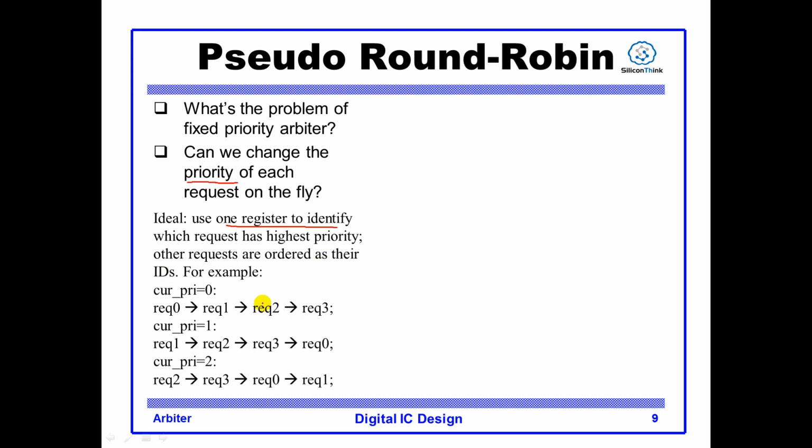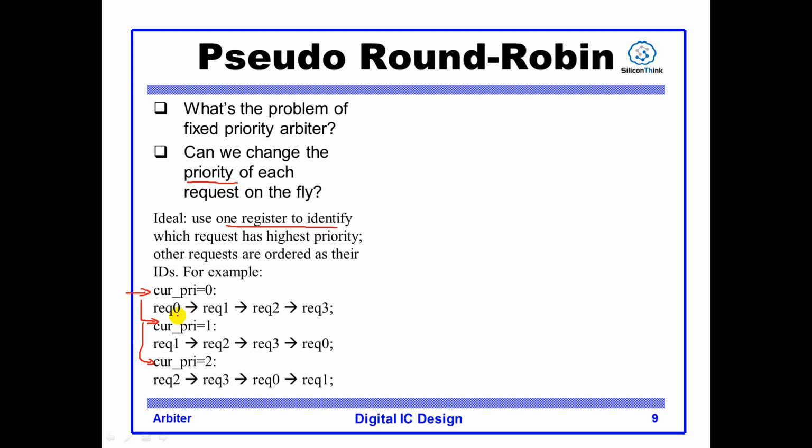For example, this is the register we use to record the highest priority for this time. When the value of this register equals 0, that means request 0 has the highest priority.